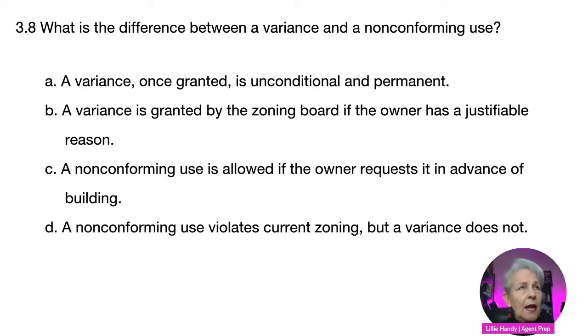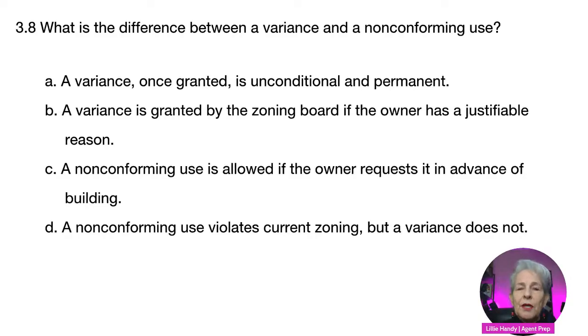So let's say they want to add another garage on their lot, and the zoning says only one garage, and this one will be detached. Well, they can go to the zoning board and request, hey, I would like to apply to have an additional detached garage.